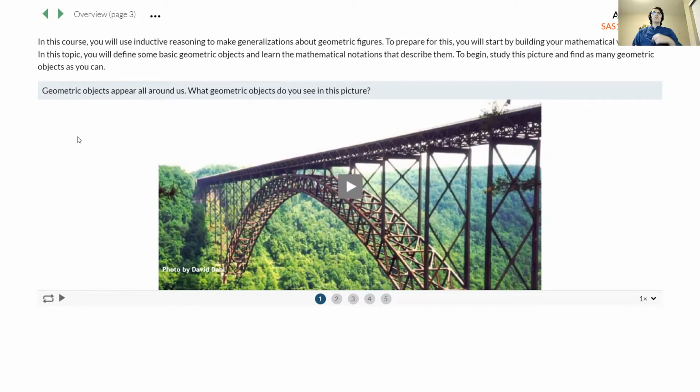As it says here, to make generalizations about geometric figures, okay? To do that, we need to have ways to describe the geometric figures we see around us, right? And we need to have very clear definitions so it's easy to remember, okay? It's easy to understand what other people are talking about.